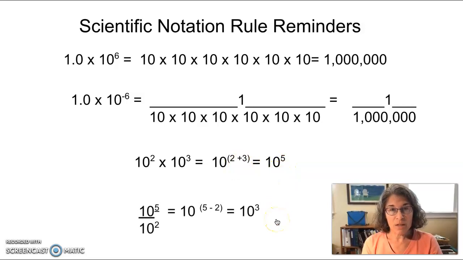And you can also think about exponents as being helpful when you're dividing as well. In this case, if we had 10 to the 5th in the numerator and 10 to the 2nd in the denominator, you subtract your exponents. So this becomes 10 to the 5 minus 2, or 10 to the 3. So just keep those tips in mind, as they can be really helpful as you're working on some of the calculations problems in this class and in others.